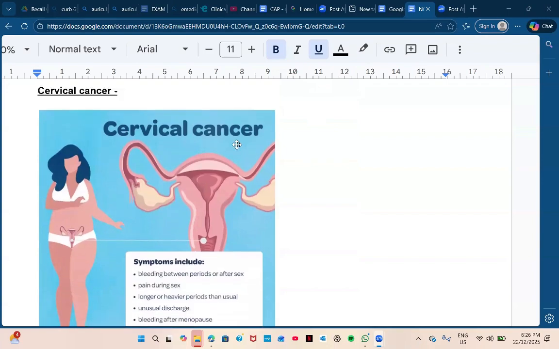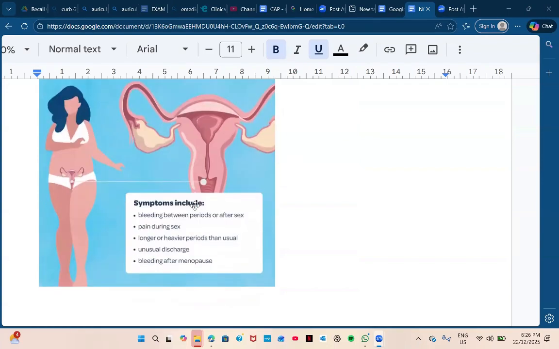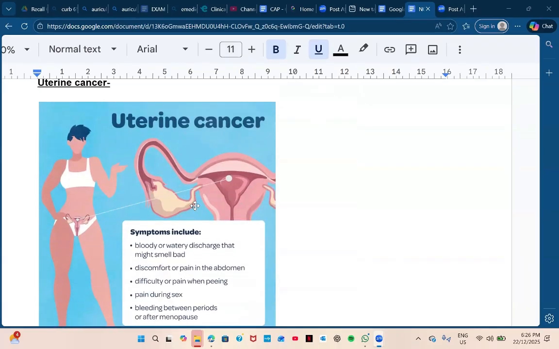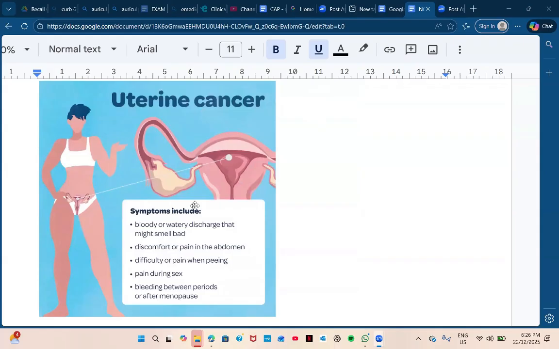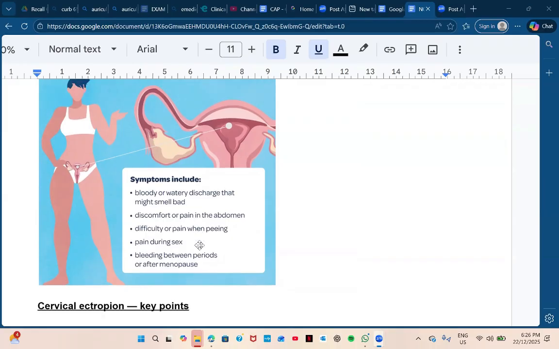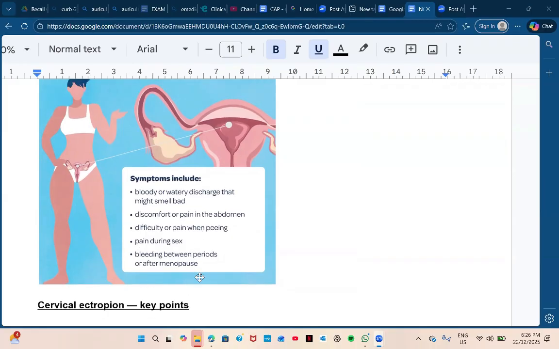This is how cervical cancer presents. I have just added it for your reference. So, how do uterine cancers present: bloody or watery discharge that might smell bad, discomfort or pain in the abdomen, difficulty or pain when peeing, pain during sex, bleeding between periods or after menopause.